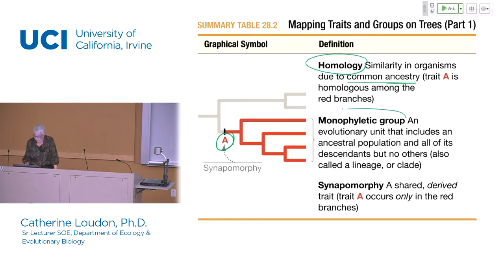Now here's a really important term for you, a monophyletic group. This is a very important concept in phylogenetic trees. It is defined as a unit that includes an ancestral population and all of the descendants. How can one figure out if one has a monophyletic group when looking at a tree like this? It passes the so-called one SNP test. What does that mean?